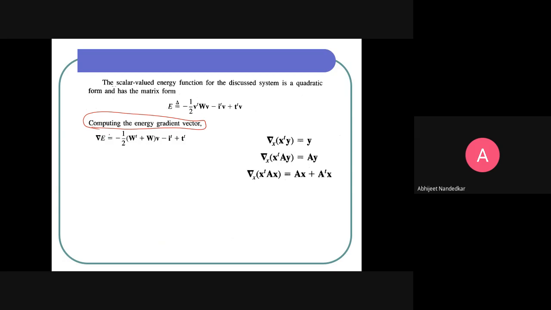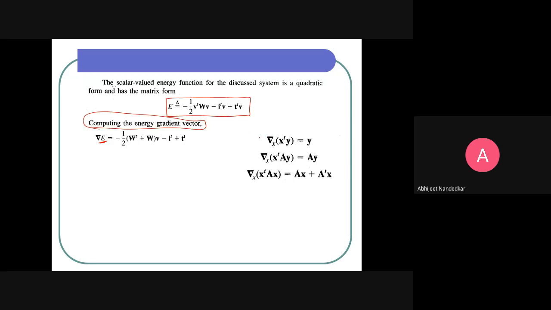Now the scalar valued energy function of the discussed system you can see here, and I can compute the gradient of this energy. So the gradient of this energy is equal to, if I take this equation and try to find out the gradient of it.